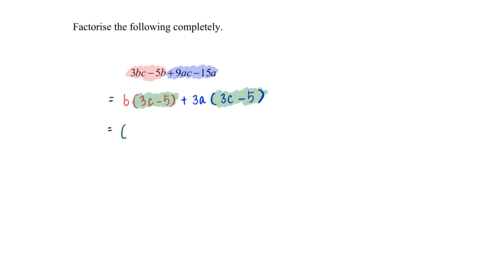I'm going to take out 3c minus 5 as the common factor, and I'm left with b plus 3a. And we cannot factorize any further. This will be the final answer for this question. Let's move on to the next question.